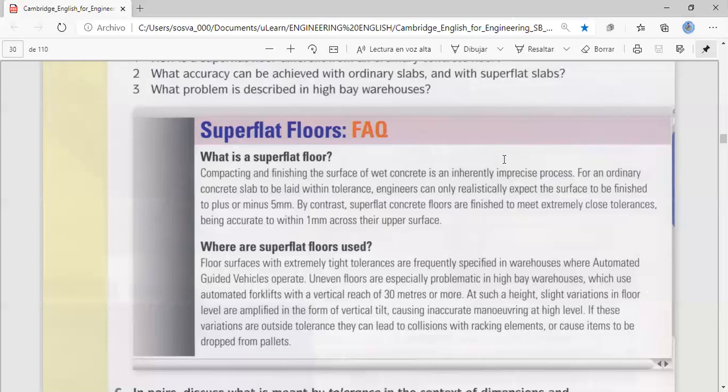At such a height, slight variations in floor level are amplified in the form of vertical tilt, causing inaccurate maneuvering at high level. If these variations are outside tolerance, they can lead to collision with racking elements, or cause items to be dropped from pallets. This is the activity for these machines in these areas.